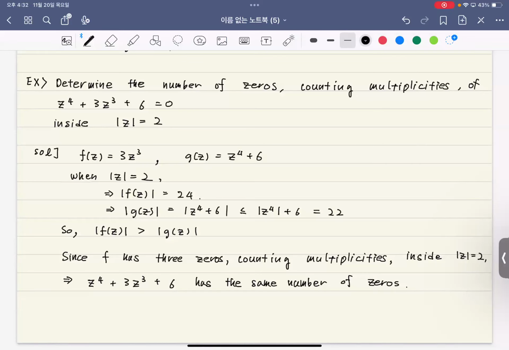Okay, and I guess you are getting something, and if you repeat this procedure on and on, then you can somehow approximate the location of zeros in this way.